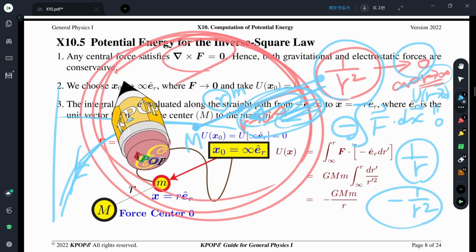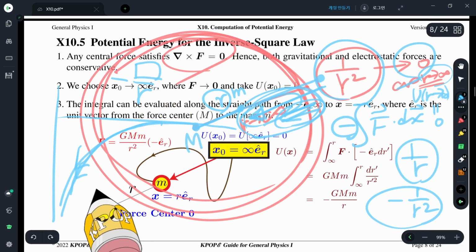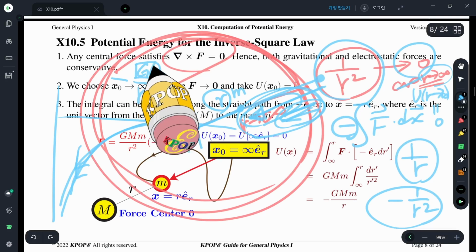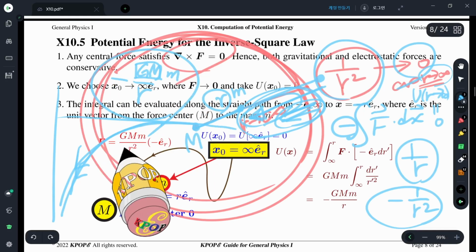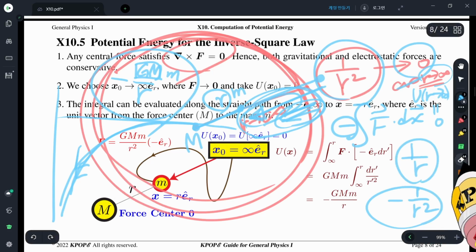So it should have a negative sign on it, 1 over r, and some number. I guess the overall factor should be GMm. This will be the answer, but let's see if it really is.